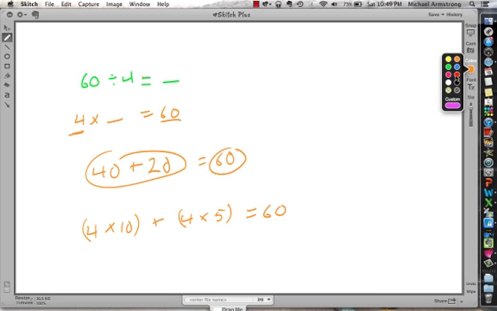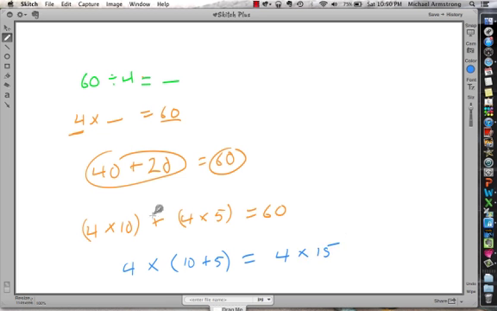If I pull the 4's out, it's going to be 4 times 10 plus 5. And 4 times 10 plus 5 is the same as 4 times 15. And if this is equal to 60, then this is also equal to 60.